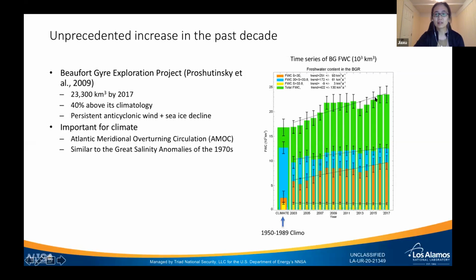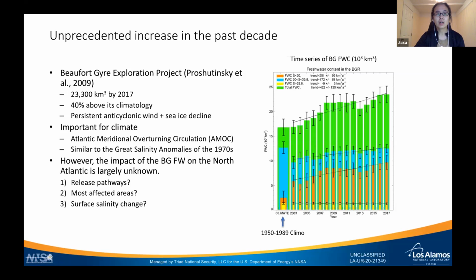You can imagine that if in the future this high accumulation starts to collapse and the water is released, it will have a very high impact on the Atlantic meridional overturning circulation, similar to the previous Great Salinity Anomalies, especially during the 1970s.